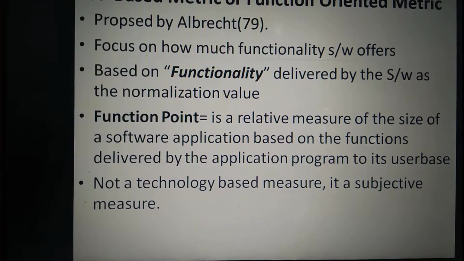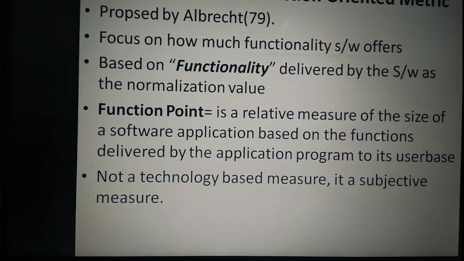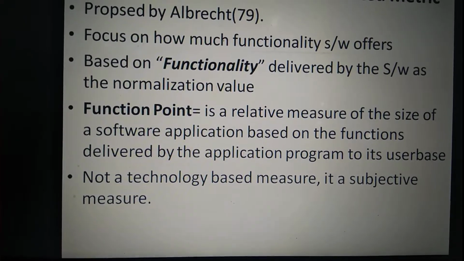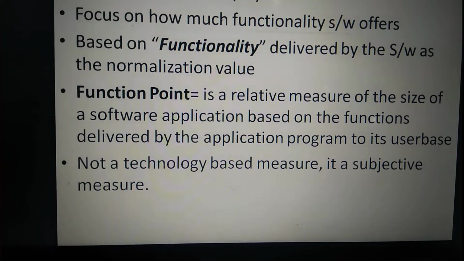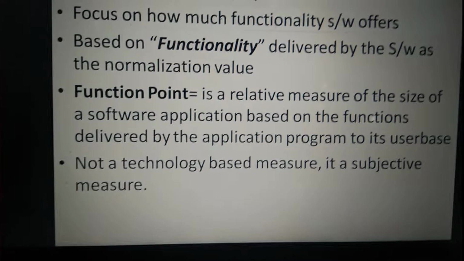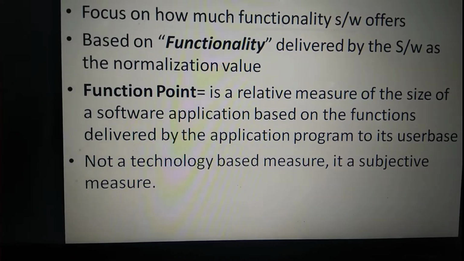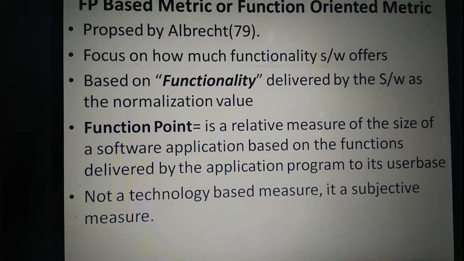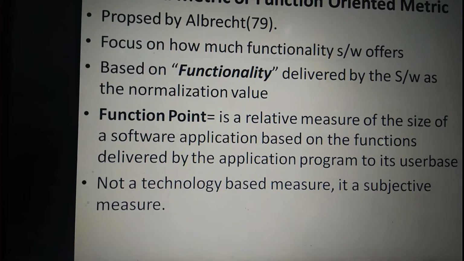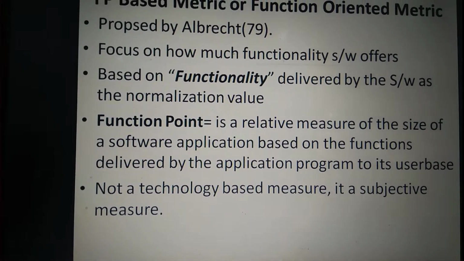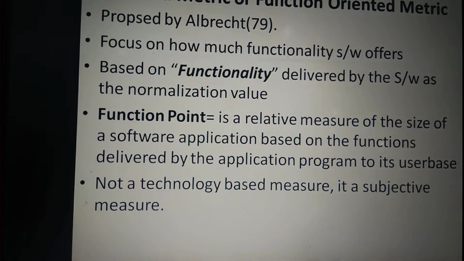The function point is a relative measure of the size of a software application, based on the functionality delivered by the application program to its user base. It is not technology based, that is, it is independent of technology.